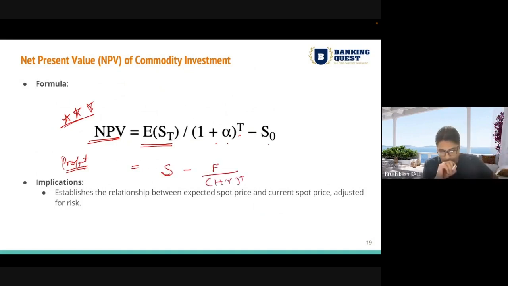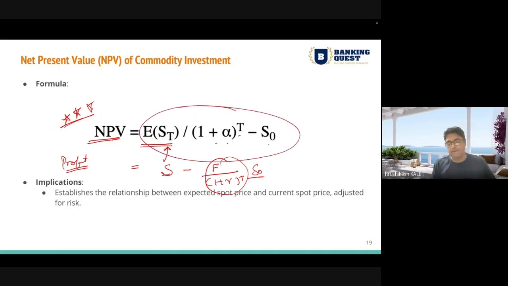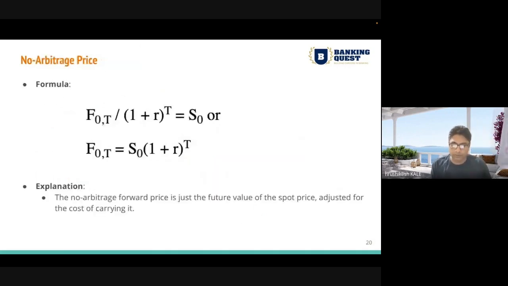That was the formula. Now, this can be written as S0, and this S can be written like this. And therefore, the commodity formula changes to this, where alpha is nothing but convenience yield or risk adjusted return. Expected spot is nothing but you consider it as future. It will be easier.